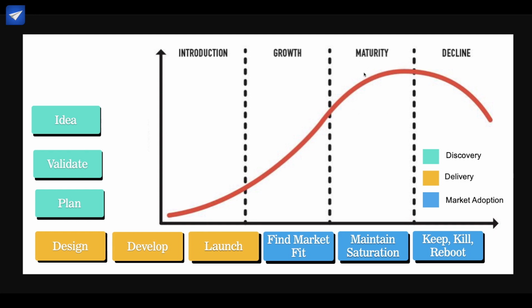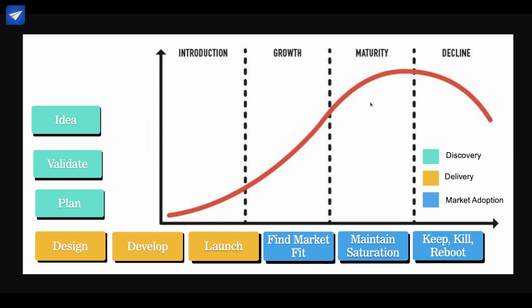And why after maturity does it go to decline? You just need to understand here. The problem is you're already successful, you have a lot of customers, you're already at the peak. Now come these startups chasing, trying to move to the maturity phase, and you get to see a lot of competition and innovation.